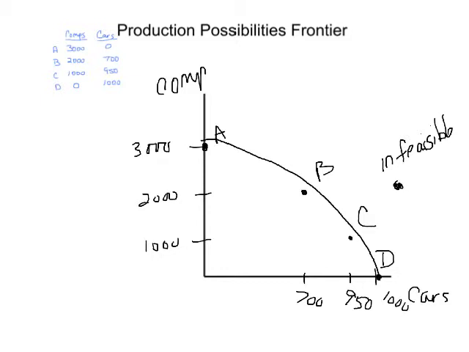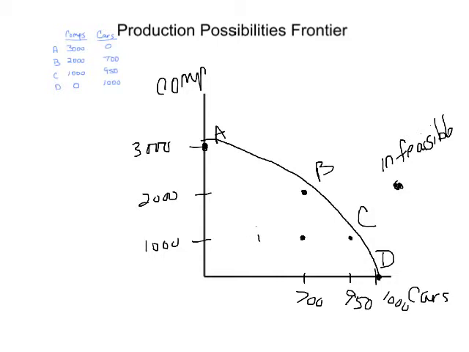What about a point inside here? Let's say 1,000 computers and 700 cars. Well, that is possible given the resources that they have. They have the resources, but because they're producing less than what is on the production possibilities frontier, that means that they must not be using their resources. Maybe it's an inefficient point.